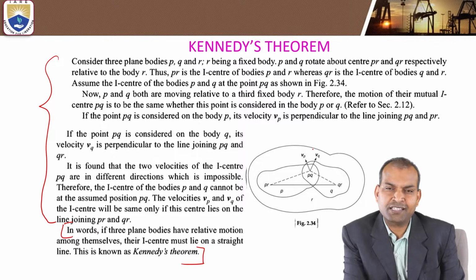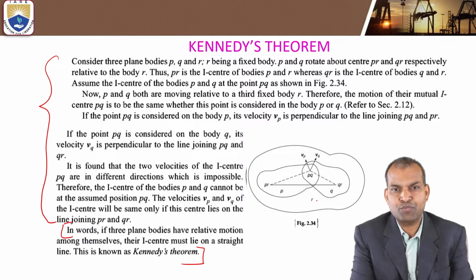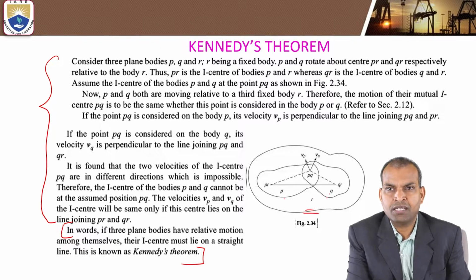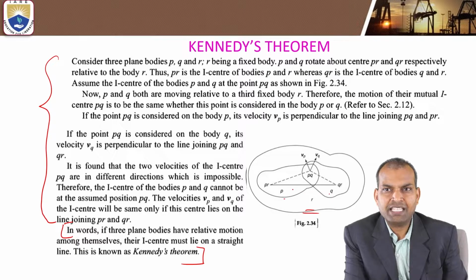The three bodies are mentioned here: P body, Q body, and R body. R is the bottom one, with P and Q side by side. Their I centers lie on a straight line, PR and QR.